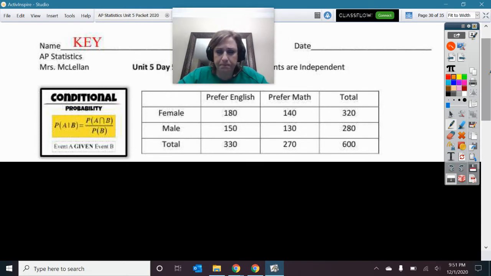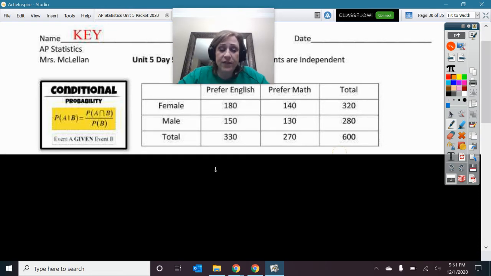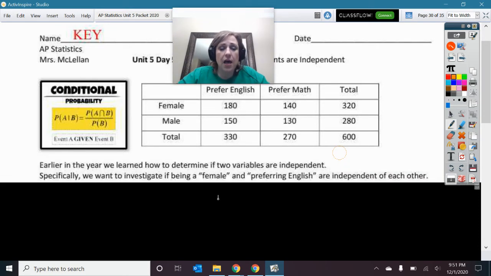Here we go. So we have this situation where you have gender and their preference of their favorite subject, English or math. So we have our data here. Now, we've talked about how to determine if two variables are independent. How are gender and your subject preference independent? Specifically, in this case, we're going to see if female and preferring English are independent of each other.